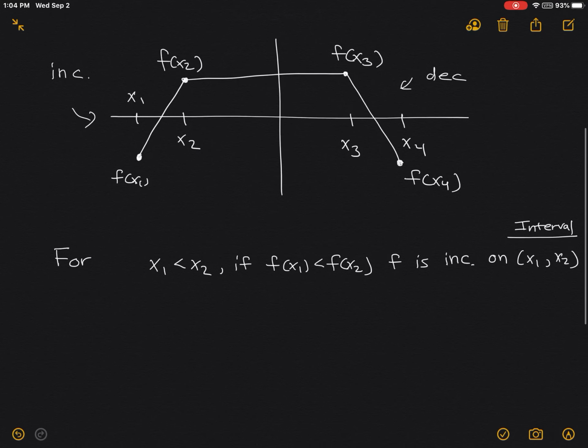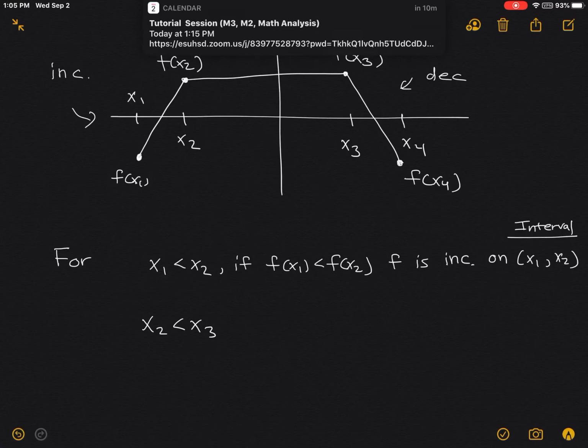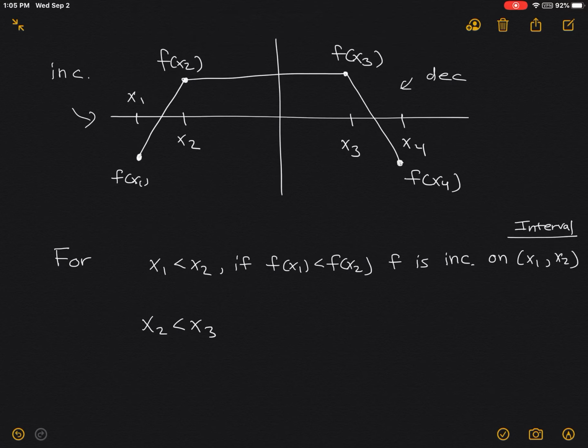If you keep going, if x3 is bigger than x2, or x2 is less than x3, in this interval I could say if these y values are the same, if f of x2 is equal to f of x3, then you say f is constant on the interval x2 to x3.